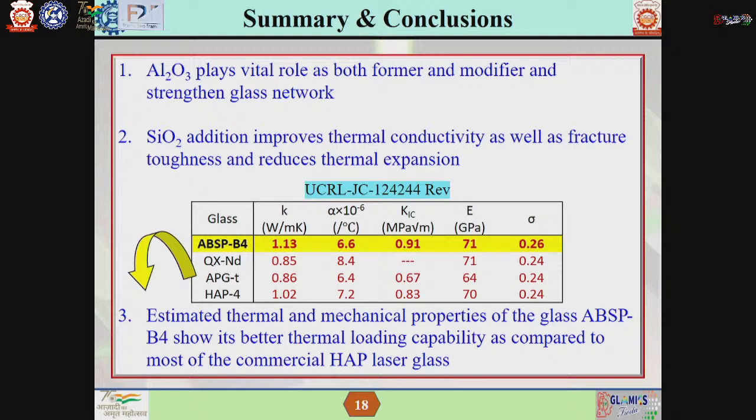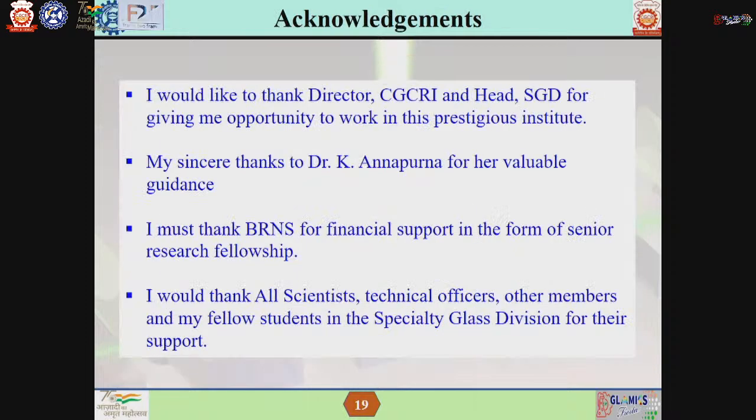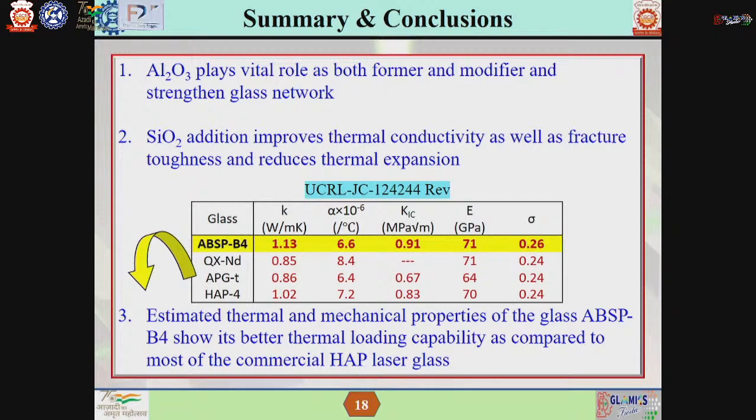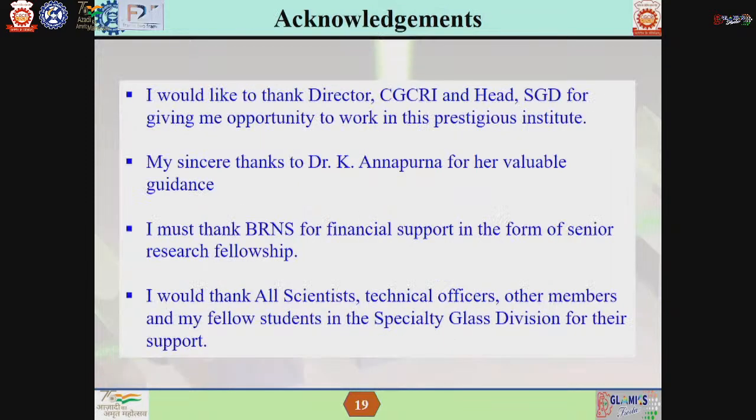At the same time, incorporation of silica increases the thermal conductivity and fracture toughness, and it reduces the thermal expansion, so it improves the thermal loading capability. And this glass, ABS2B4, has shown good required properties compared to most commercial laser glasses. So, thank you everyone.